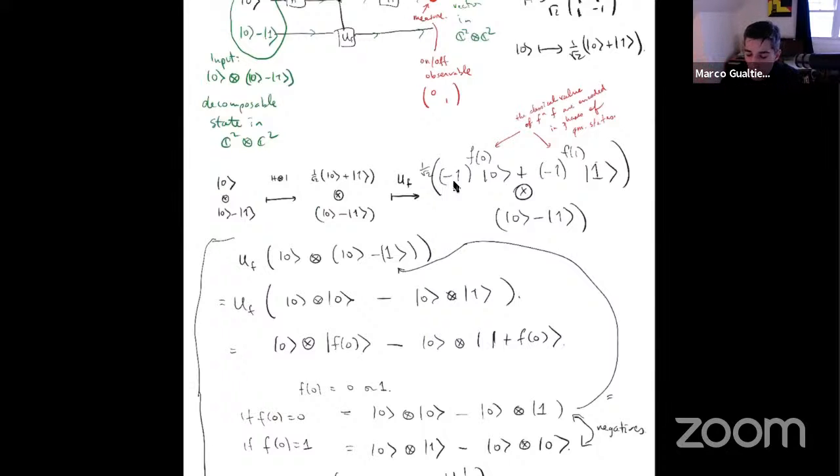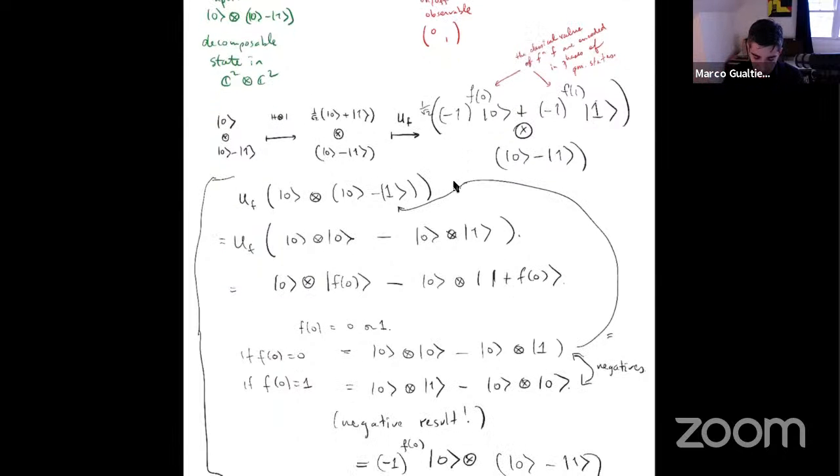And what's happening here is that we're getting a combination of the two classical states, but with different phases. And what that should remind you of is an interference pattern. It's like we're getting some of this state and some of that state with different phases.